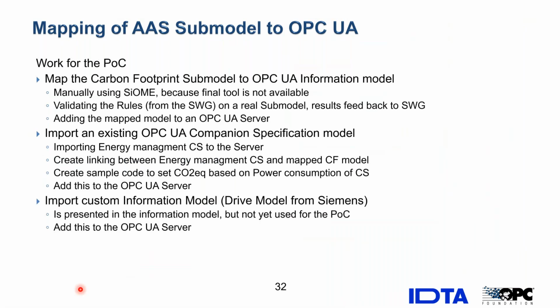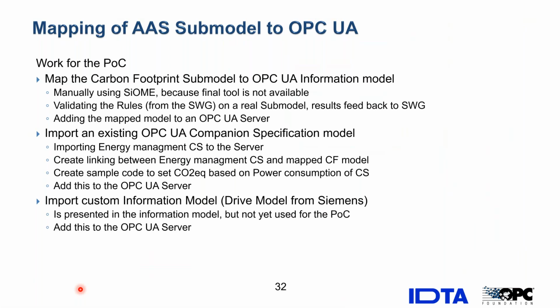For the POC, Constanze also mapped the product carbon footprint model manually using the rule sets of the generic mapping sub-working group. The results of her work were fed back directly to the working group and were very helpful.